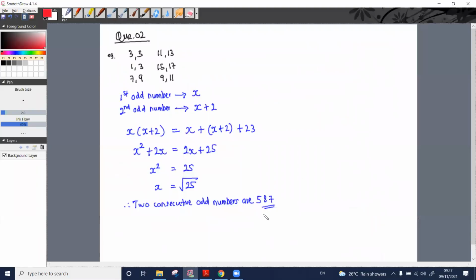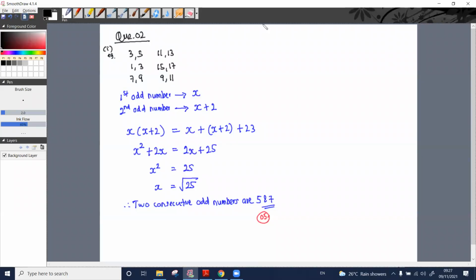If you got this one correct, then give yourself 5 marks. That is part 1.